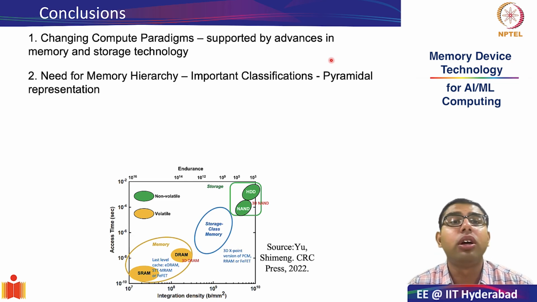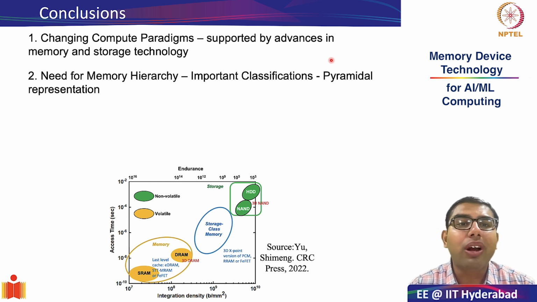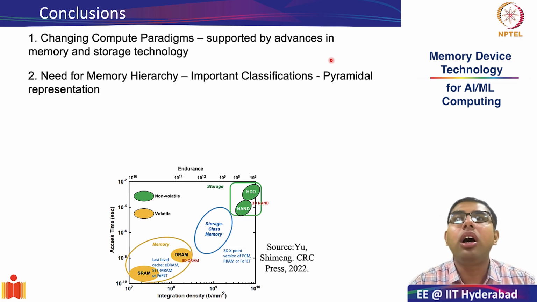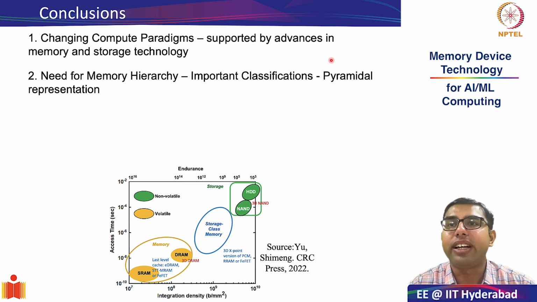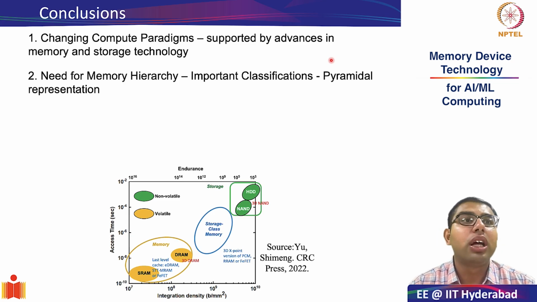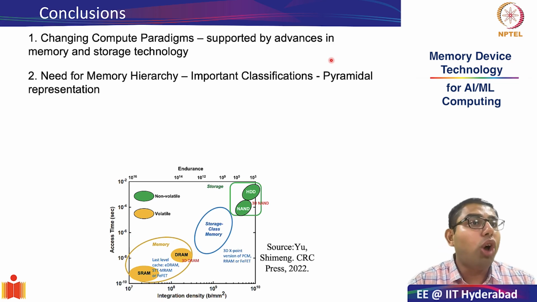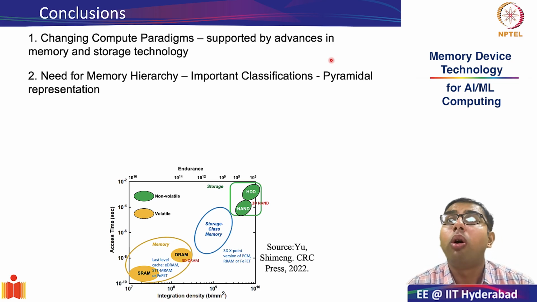It was these advances in memory and storage technology. The second important thing we saw was that there is a very important need to classify memory and create a hierarchical setup. We saw that modern day computing, although based on the von Neumann architecture, with a lot of advances in its implementation, is essentially not able to support high intensity data driven computing.